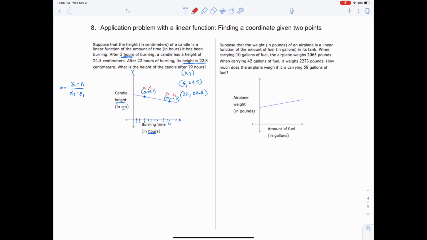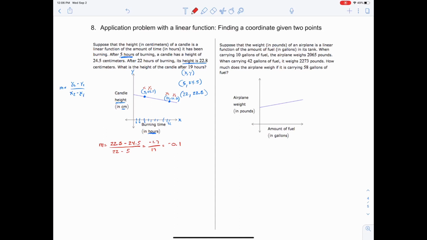My m equals my y2, which is 22.8, minus my y1, 24.5, all over my x2, which is 22, minus my x1, which is 5. And if you did the numerator, you should get negative 1.7 all over 17. And that just comes down to a negative slope of 0.1.